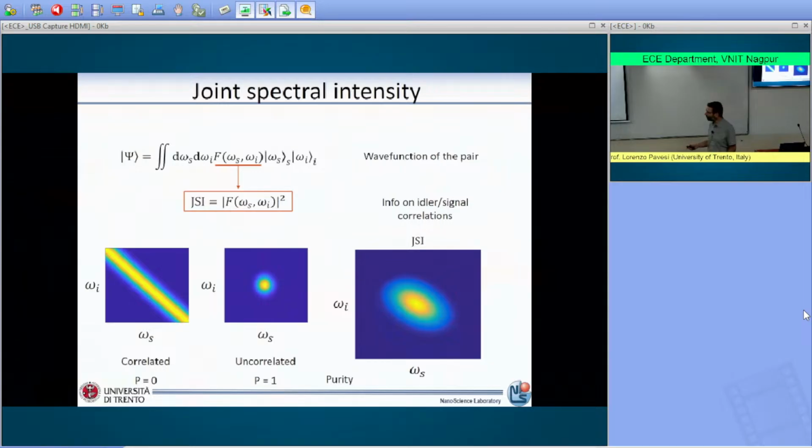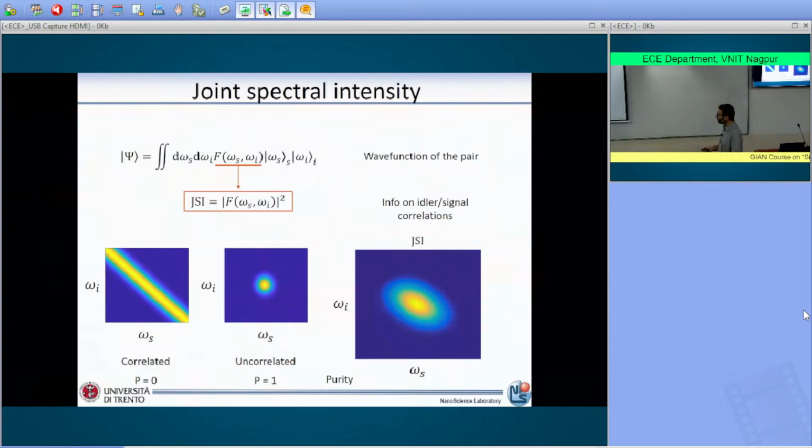In entangled photons, the two photons are strongly correlated, which means that if we have a photon at this energy, we know the other photon will have that other energy. Knowing the properties of one photon, we know the properties of the other, and the joint spectral intensity is essentially a line in this plot.